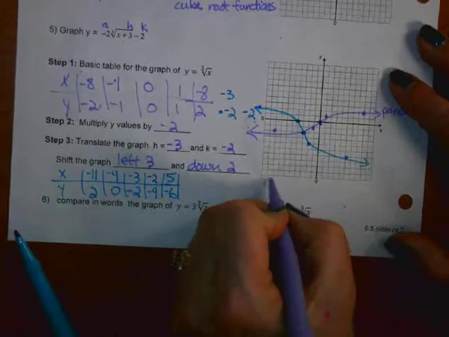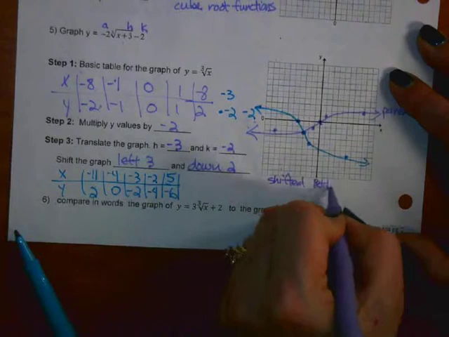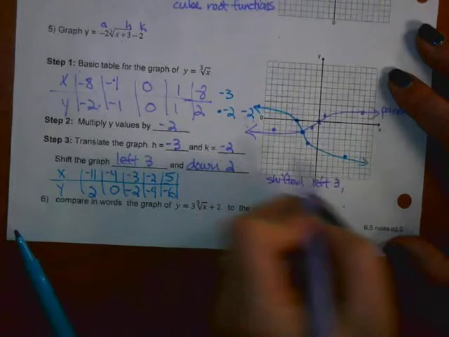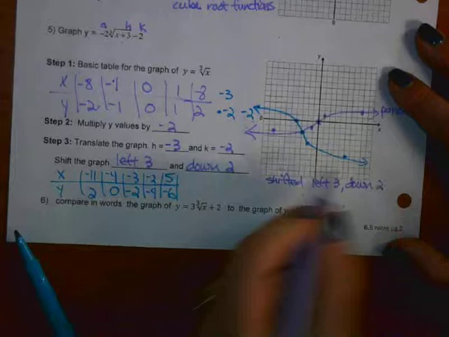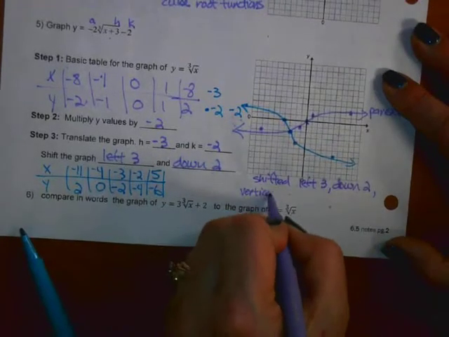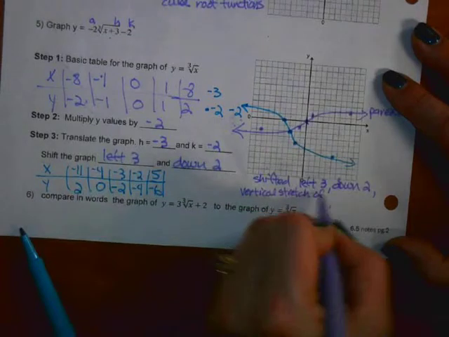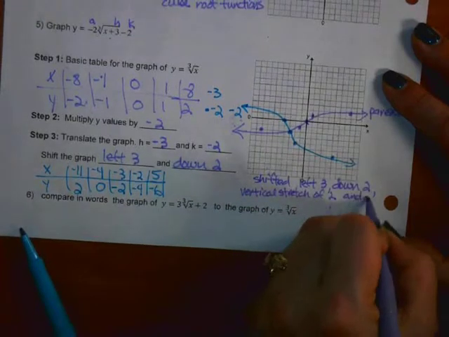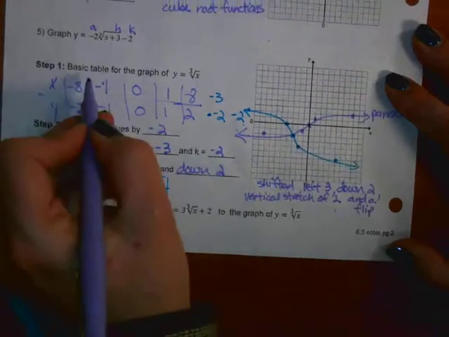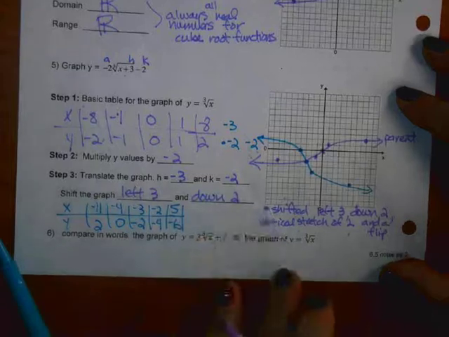It was shifted left 3, down 2. It was a vertical stretch of 2 and a flip because of the negative. So sometimes it's good to be able to say it in words.